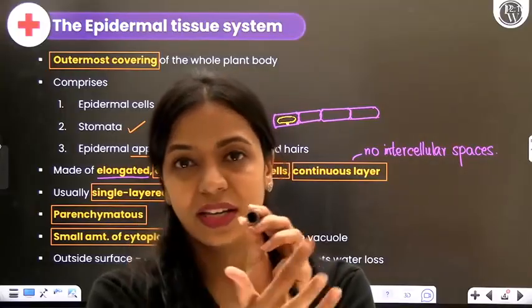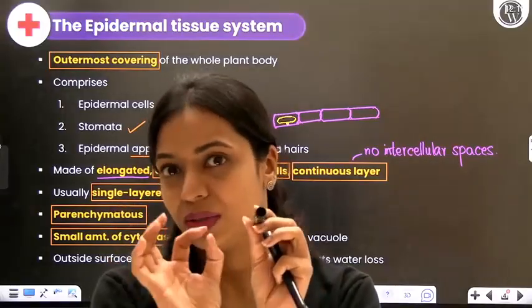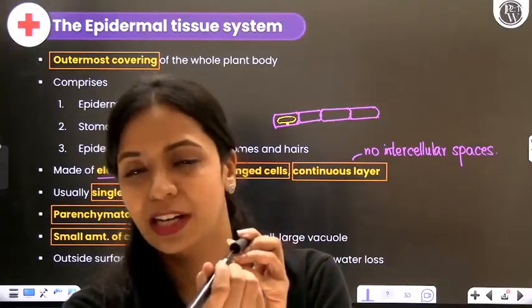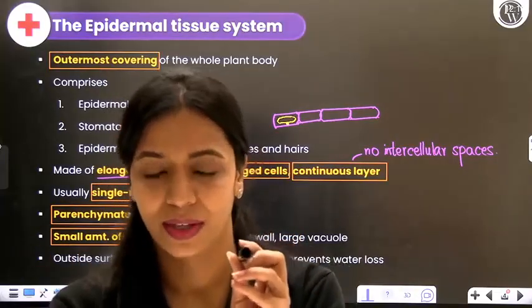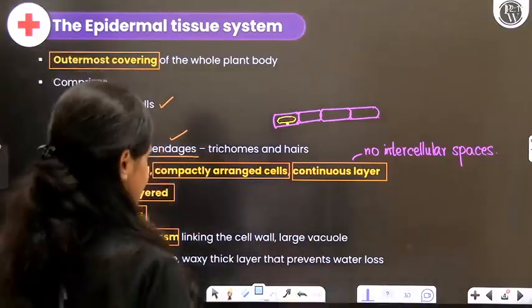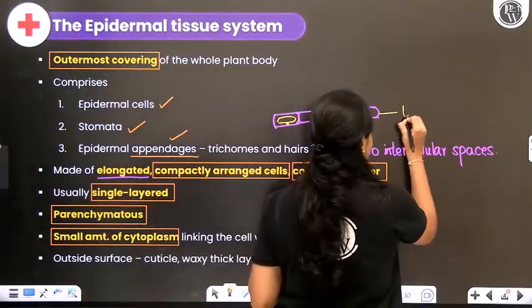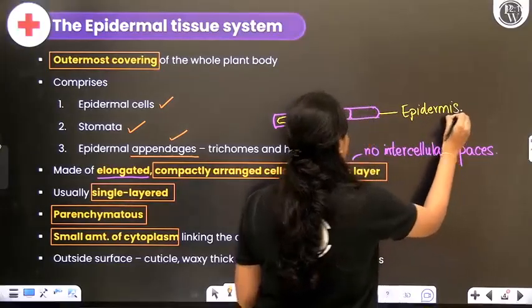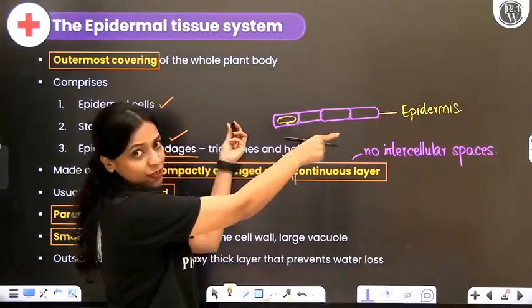So I've taken a section of the root. I'm focusing only on the epidermal layer. This is the outermost layer, which is the epidermis. Forget about what lies inside. We're not yet talking about it. So this is the outermost layer. If I draw this outermost layer here like this, this is your epidermis. This is one layer of cells.